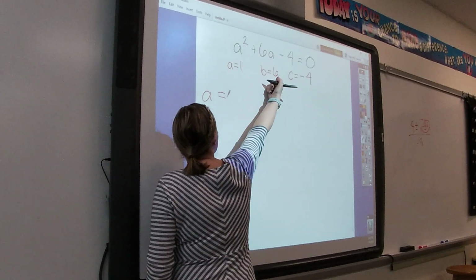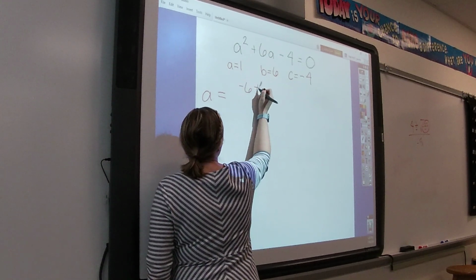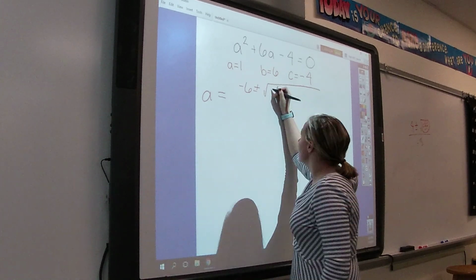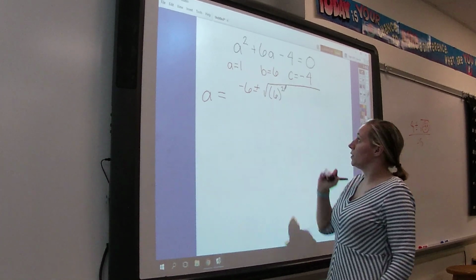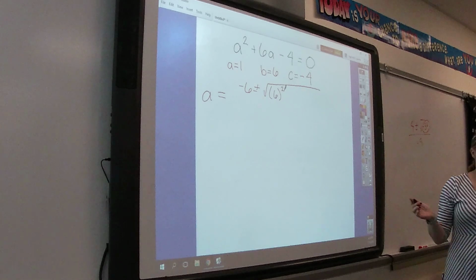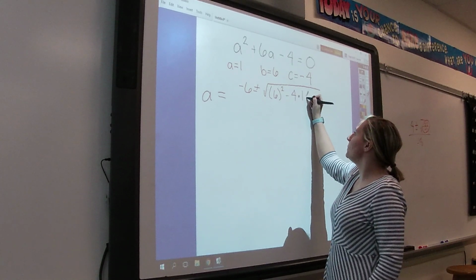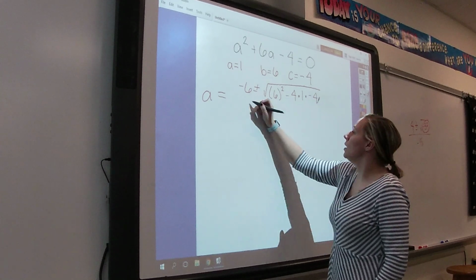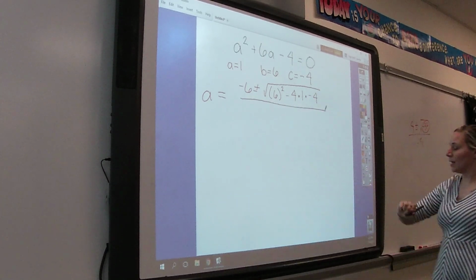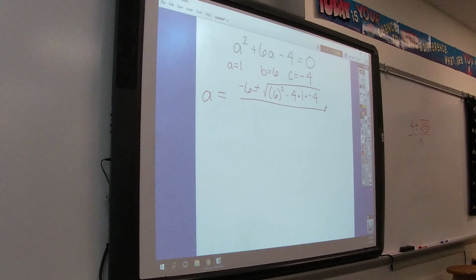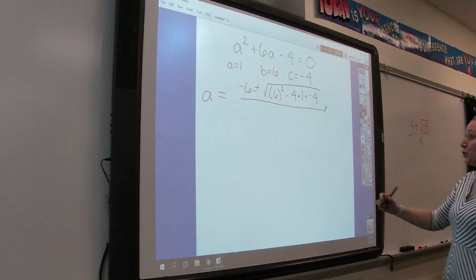So negative B, so negative 6 plus or minus the square root of 6 squared, B squared, minus 4 times 1 times negative 4, all over 2a, so all over 2 times 1.